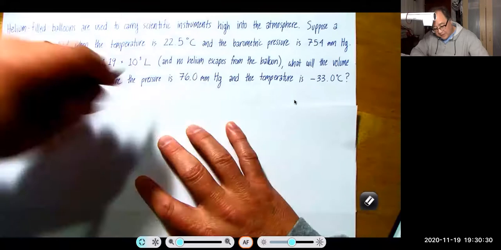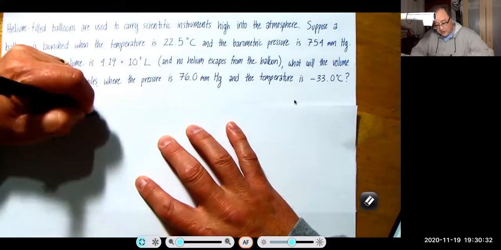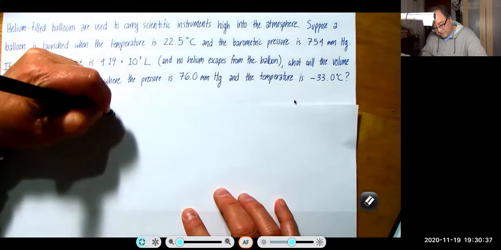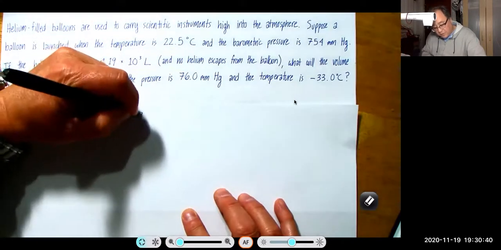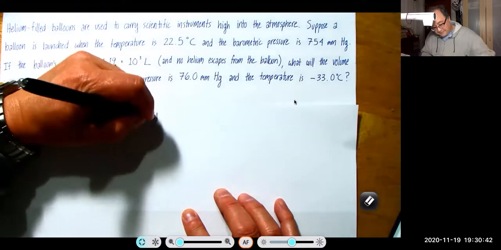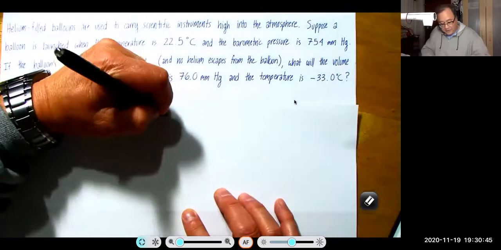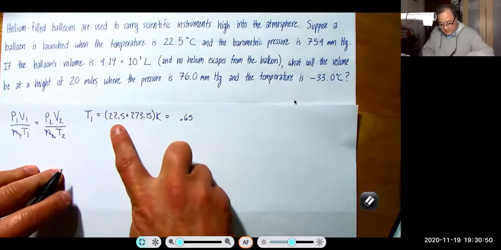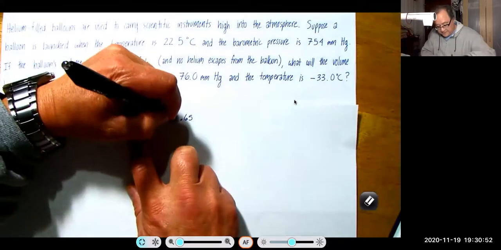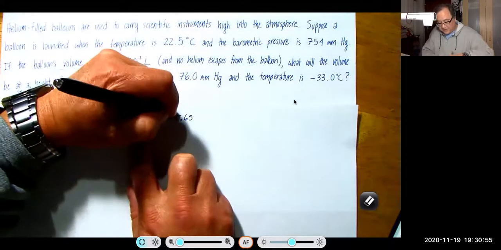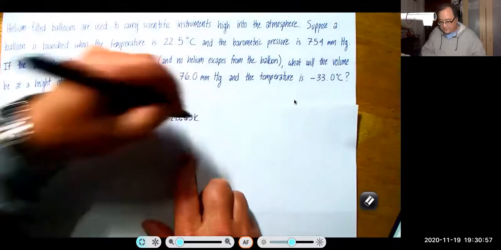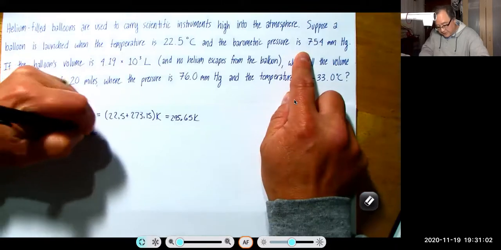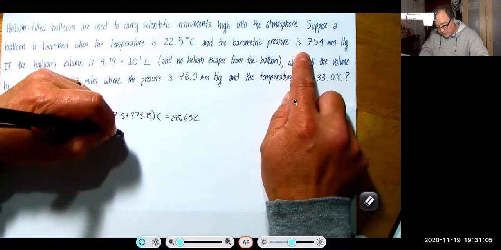So T1 is equal to 22.5 plus 273.15 K. When I add those together, I get 295.65 K. The barometric pressure, so that's P1, is 754 millimeters of mercury.